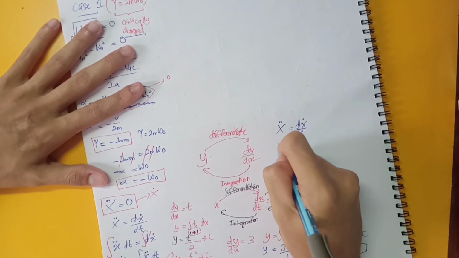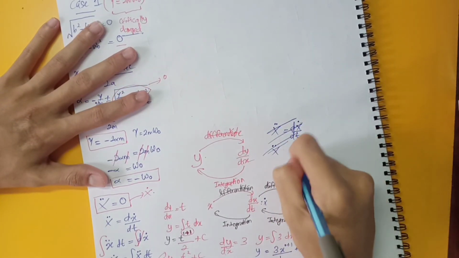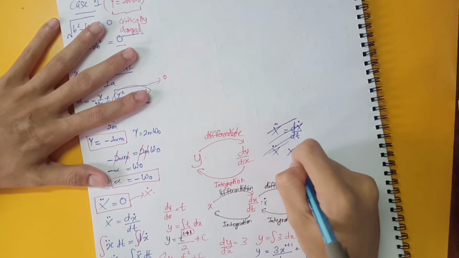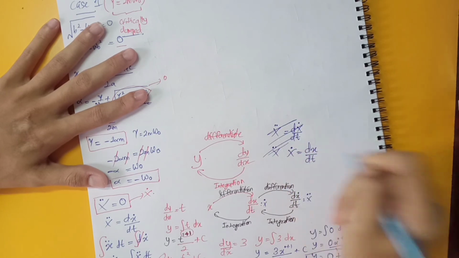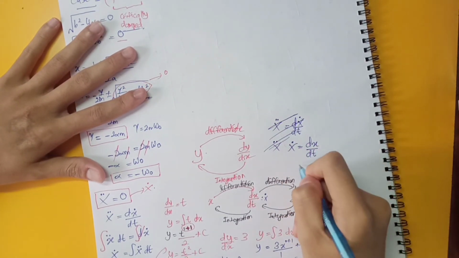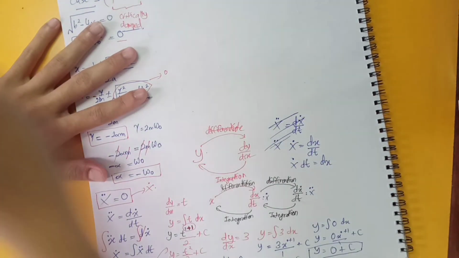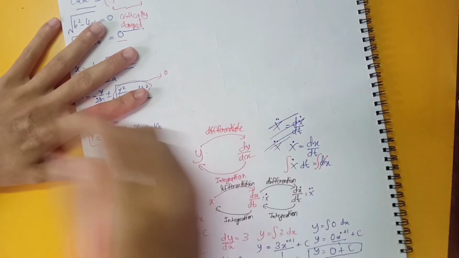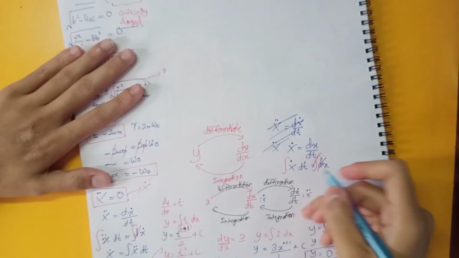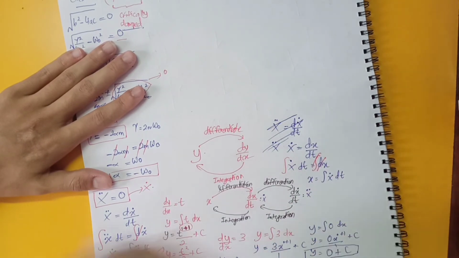Sorry, I messed up. x single dot is equal to the rate of change of velocity, and we want to find displacement. So x single dot dt is equal to dx, and then we do some integration here. So we find that x equals the integration of x single dot with respect to time.